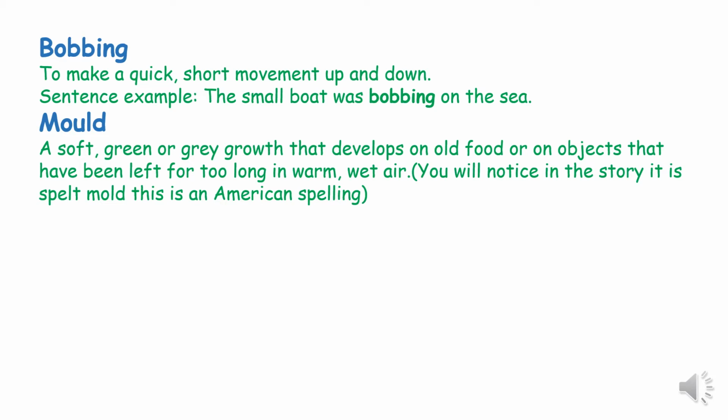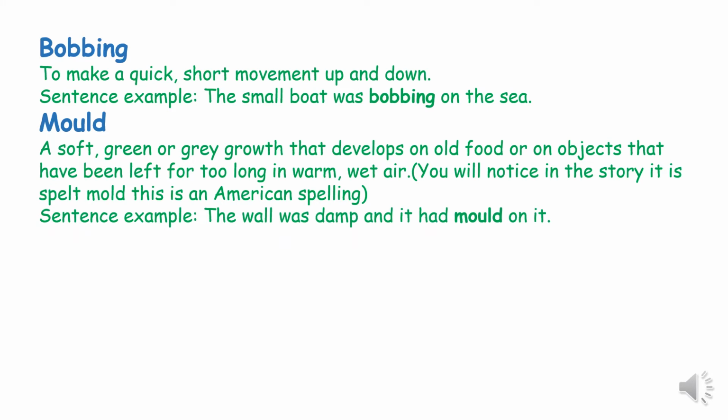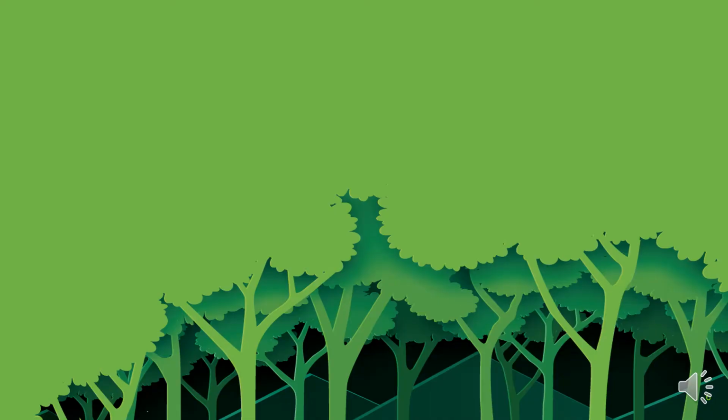It is spelled M-O-L-D. This is the American way of spelling mould, not the English way. We spell it M-O-U-L-D. Sentence example. The wall was damp and had mould on it. Okay, we're going to finish the final part of this story today.